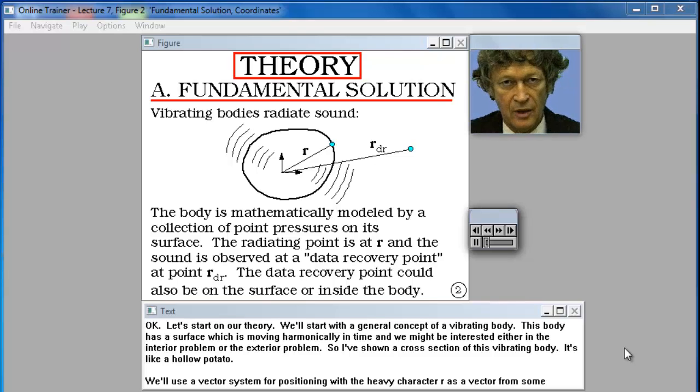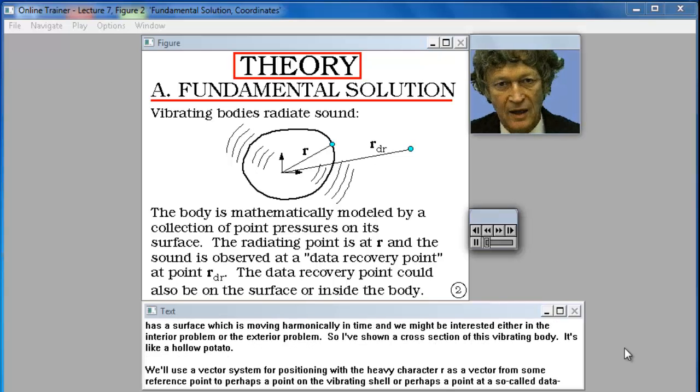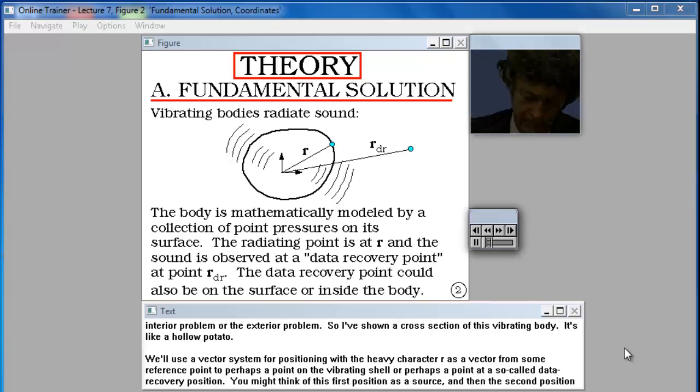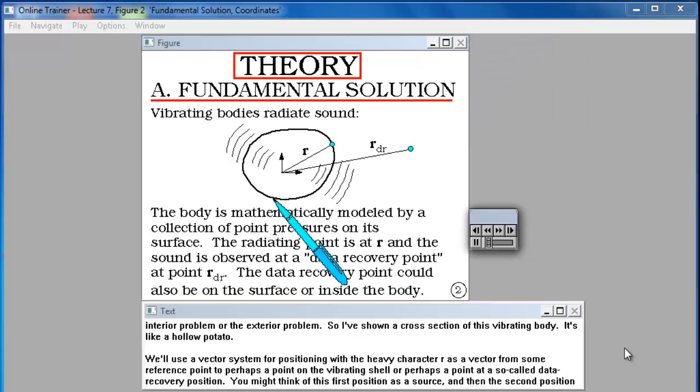Okay, let's start on our theory. We'll start with the general concept of a vibrating body. This body has a surface which is moving harmonically in time, and we might be interested either in the interior problem or the exterior problem. So I've shown a cross-section of this vibrating body. It's like a hollow potato.